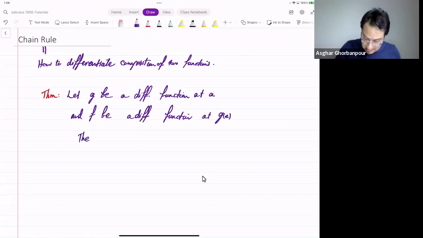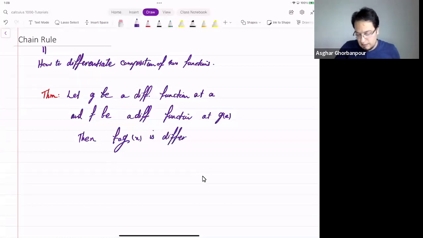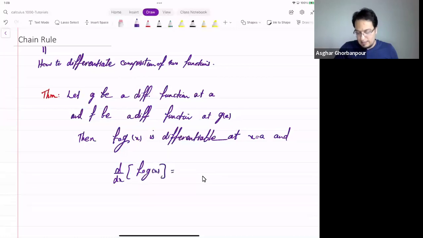Then the composition of these two functions, f∘g at x, is differentiable at a, and the derivative is given this way.